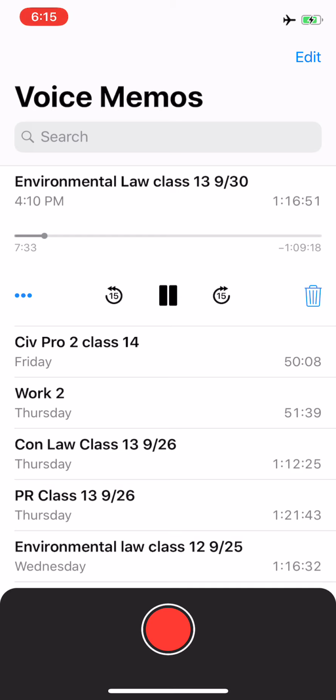So the point of what we're doing in this class is coming up with solutions. But when we talk about solutions, we're really talking about a set of strategies for dealing with an environmental problem, right? So when you're in practice, there will be lots of different kinds of legal work where you will never put together something this lengthy, this detailed.